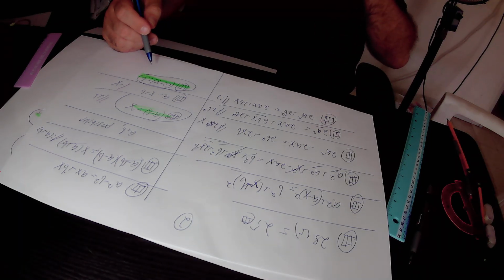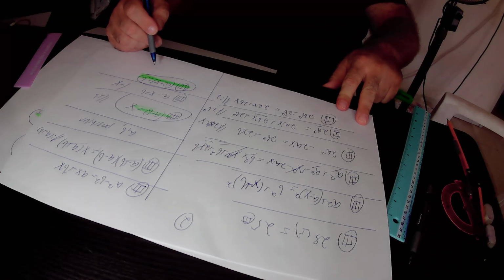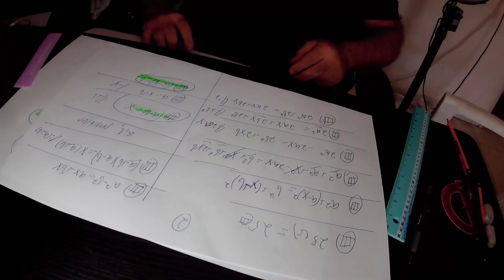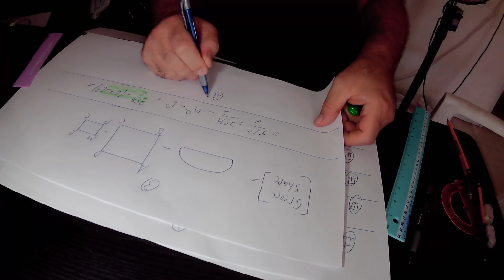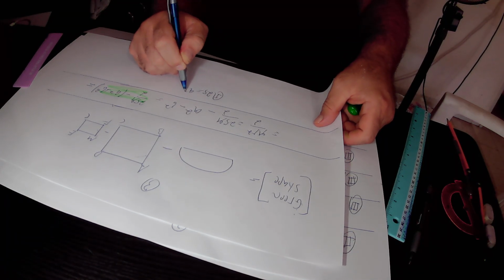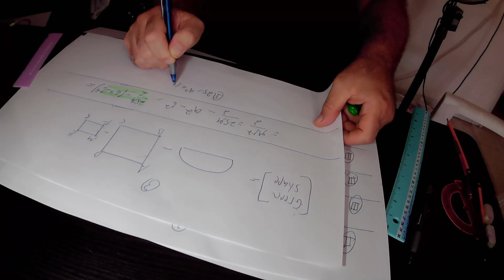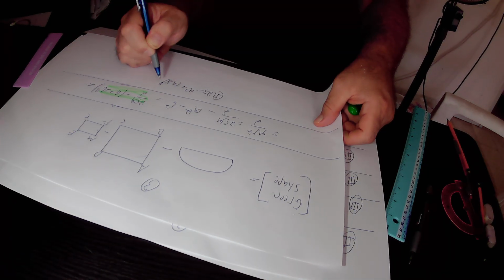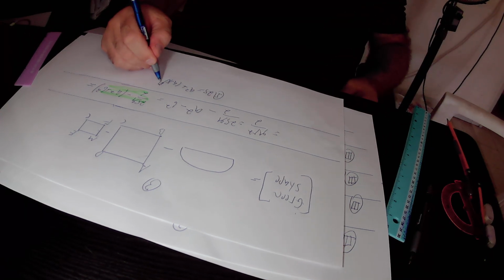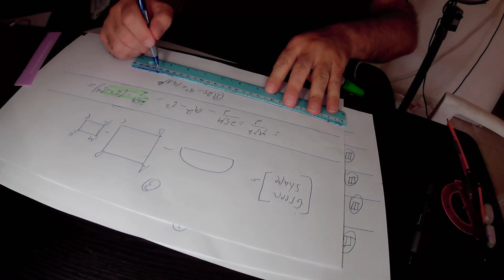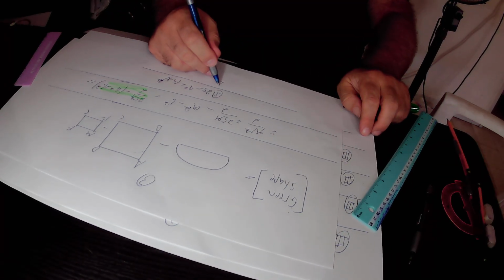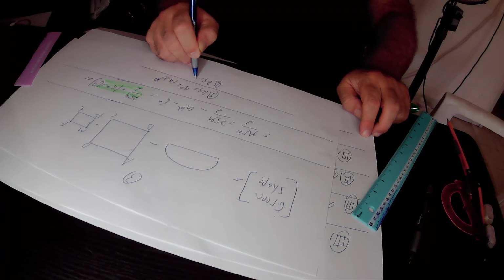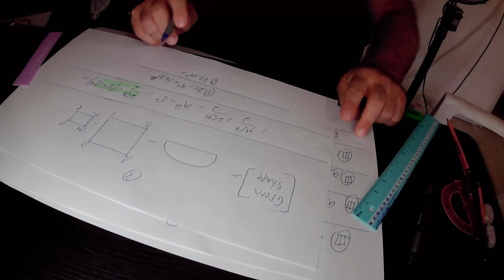And according to equation 1, we should find out that 25 equals a squared plus a minus x squared. So according to equation 1, we should find out that 25 equals a squared plus a minus x squared.